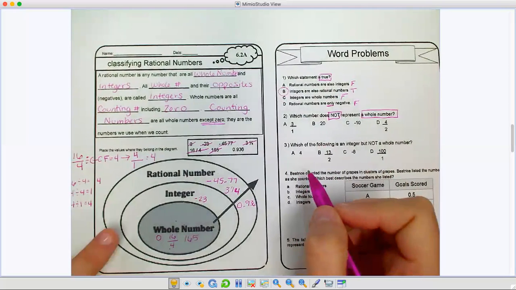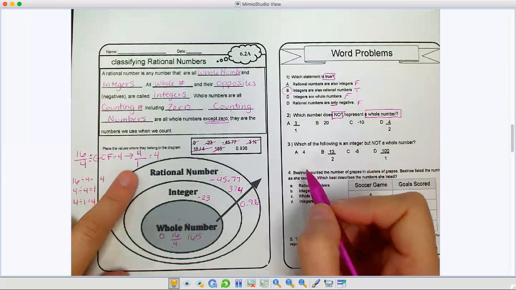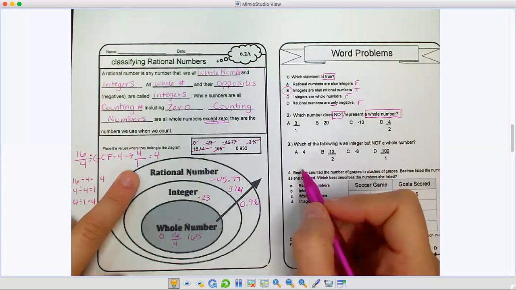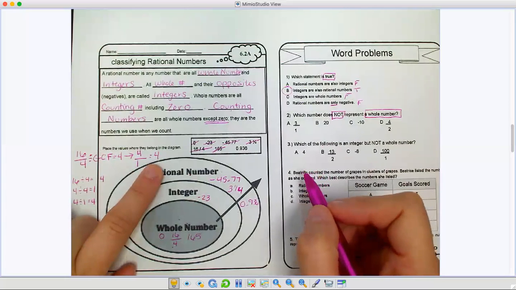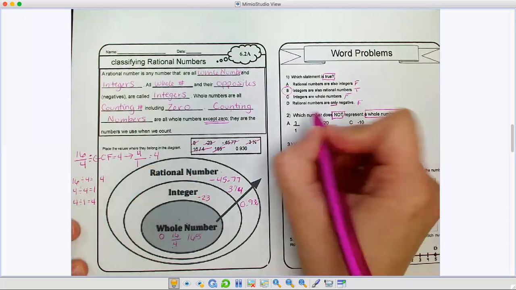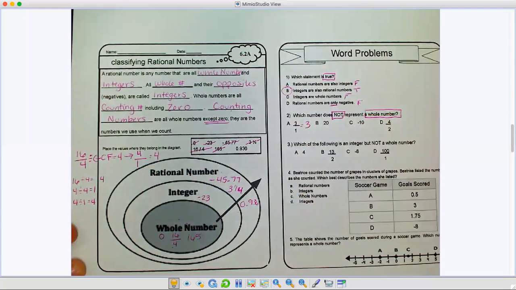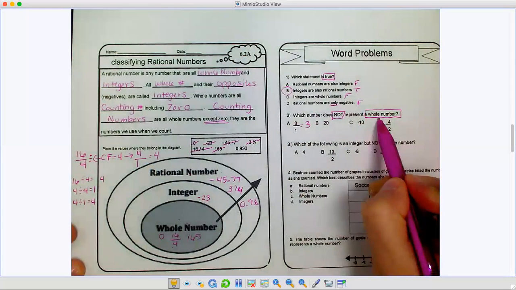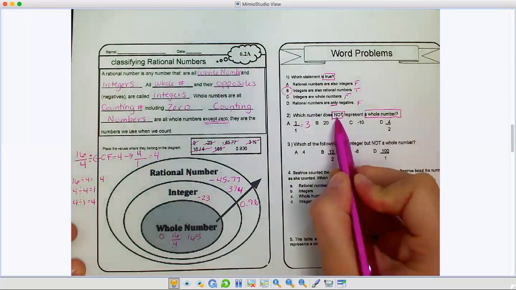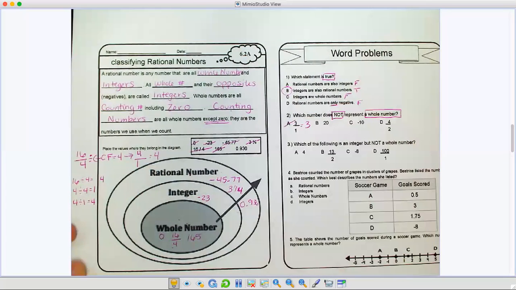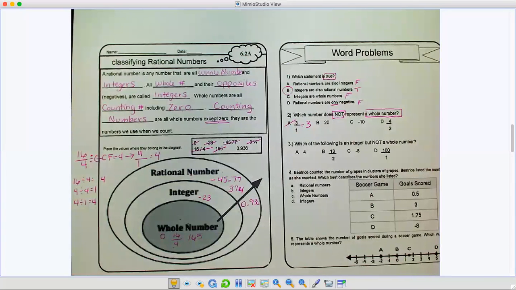Something we discussed over here when classifying is that any number over 1 is equal to just the numerator or that top number. So 3/1 is actually equal to the number 3. 3 is a whole number, but I want something that is not. So I cannot choose A because it is a whole number.